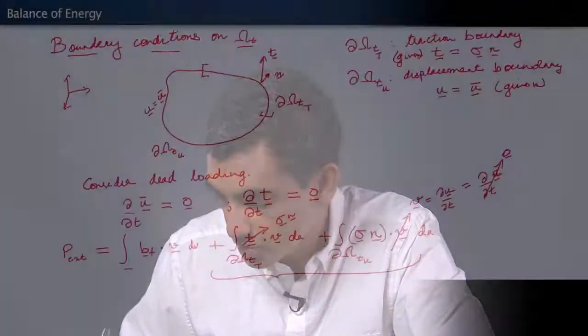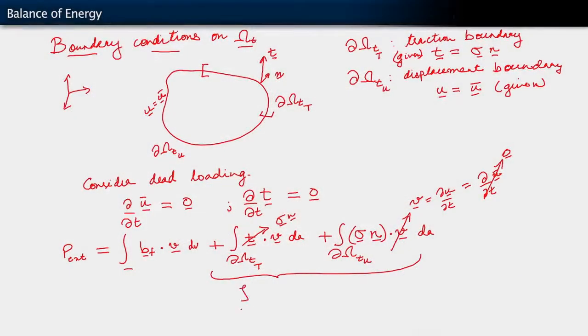What this lets us do is write that as an integral over partial of omega t of sigma n dot v. The idea is we are including the work done on the displacement boundary, and if we consider dead loading, that term is 0.